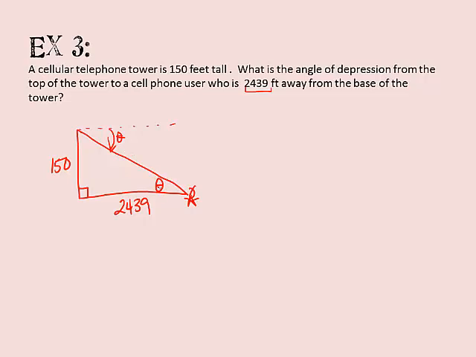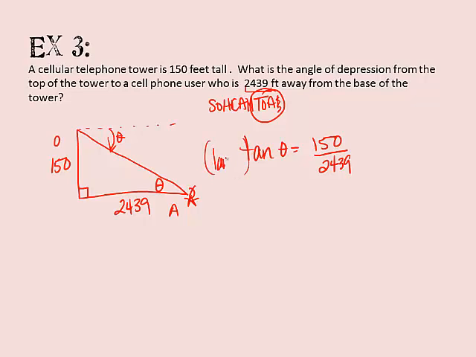Okay? Now, relative to this angle, I have the opposite side and I have an adjacent side. So if you remember SOHCAHTOA, okay, which one uses opposite and adjacent? Well, that's the tangent. So I say the tangent of theta equals the opposite over the adjacent side. Inverse tangent on both sides.